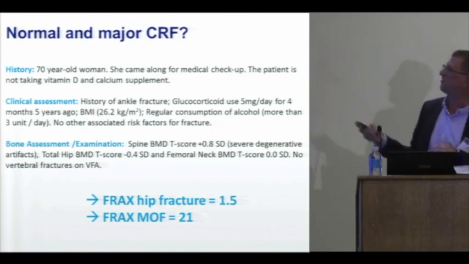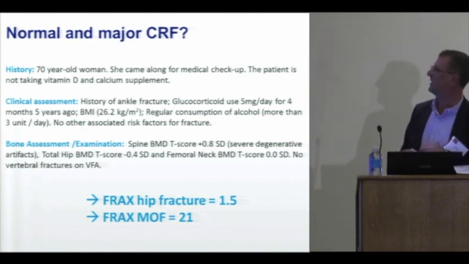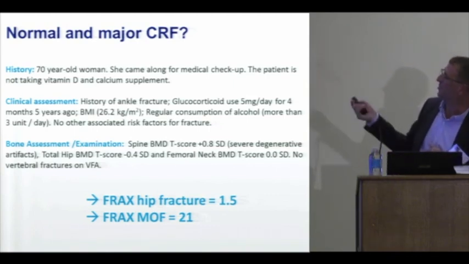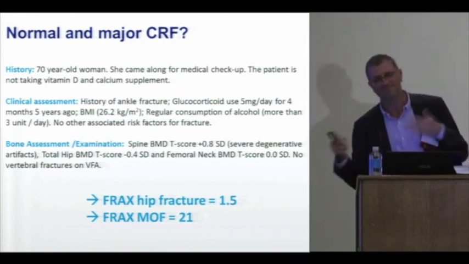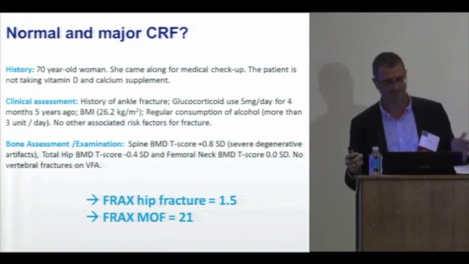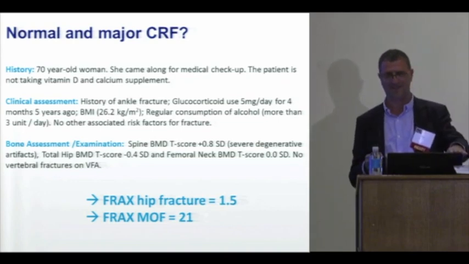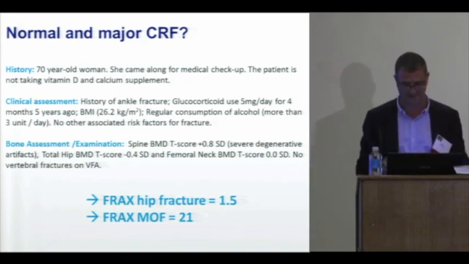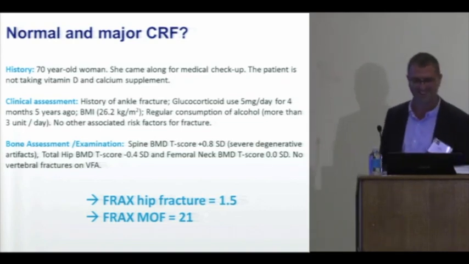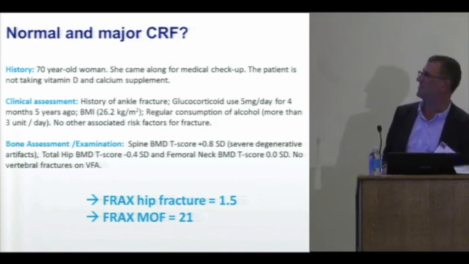BMI about normal, regular consumption of alcohol, more than 3 units a day. She must be French. From a certain part of France, I'm French, I can say that too. But no other associated risk factor.